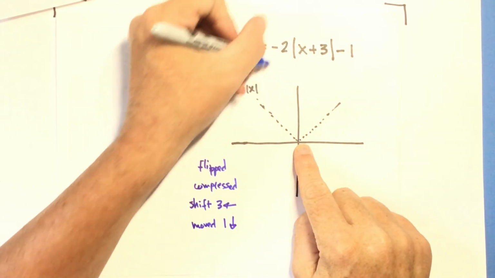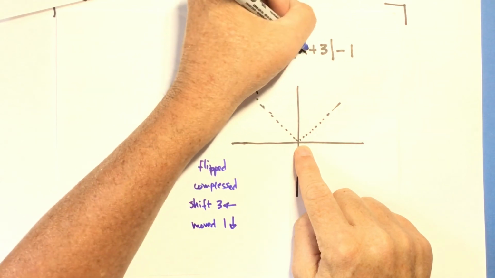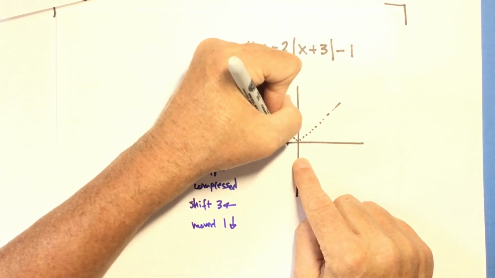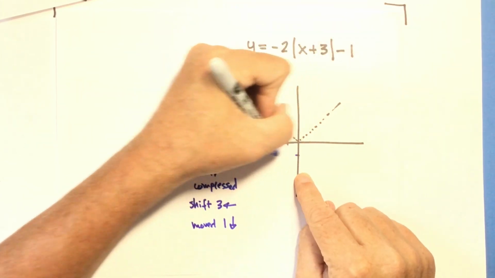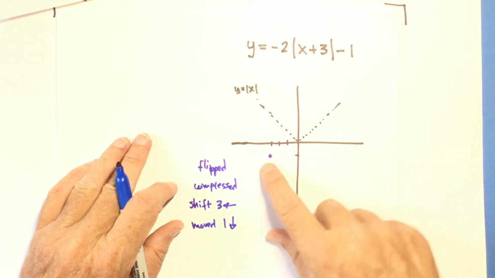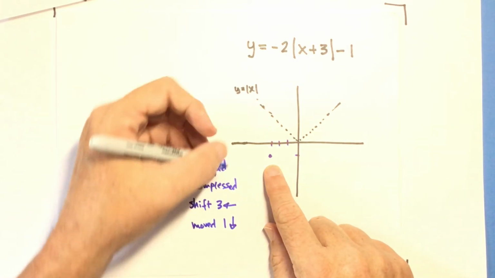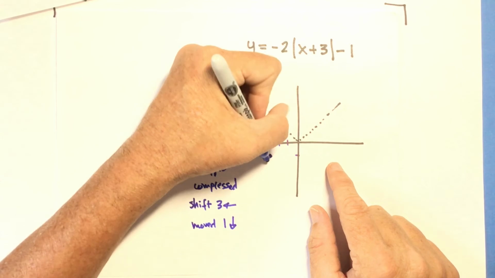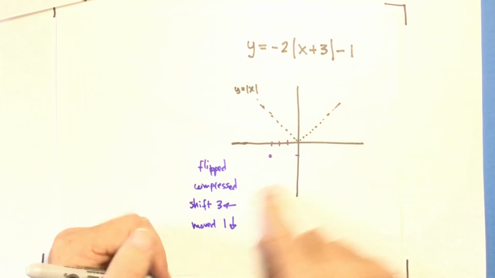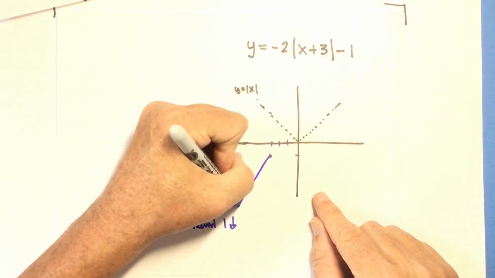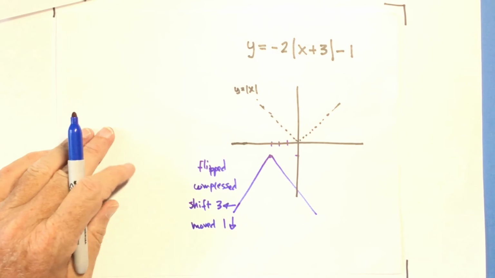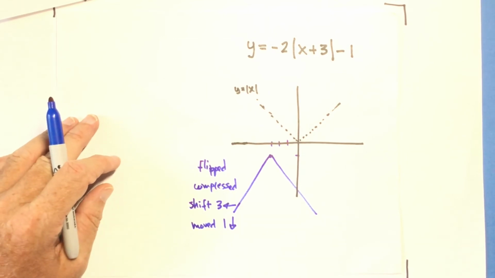This point here is not going to be affected by that, but it's going to be moved 3 to the left, so that's 1, 2, 3, and 1 down. So that point right there at the origin is now right there. And since this is flipped, that means this graph is now going to go this way. Since it's compressed, it's going to be a little tighter V. Otherwise, it's going to stay the same. There you go. Done. I just drew that graph.